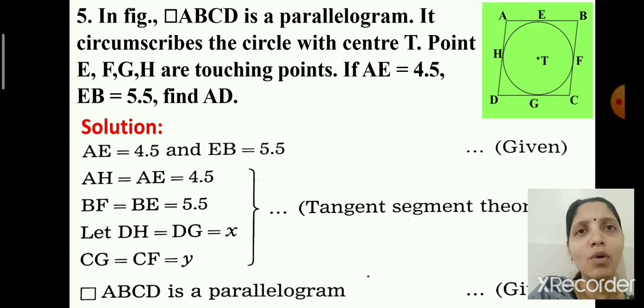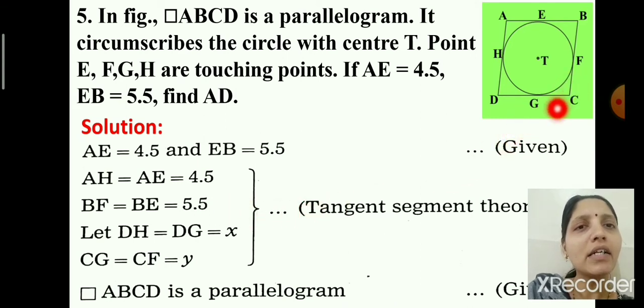AE is equal to 4.5 and EB is equal to 5.5. It is given to us. Therefore, AH is equal to AE is equal to 4.5. Similarly, we can write BF is equal to BE, that is equal to 5.5.